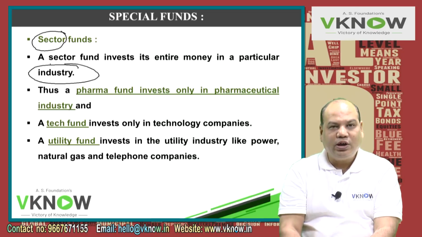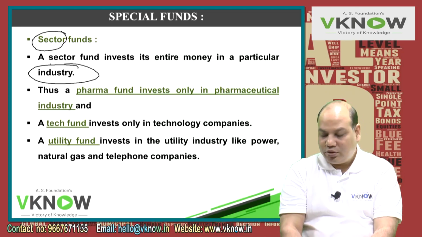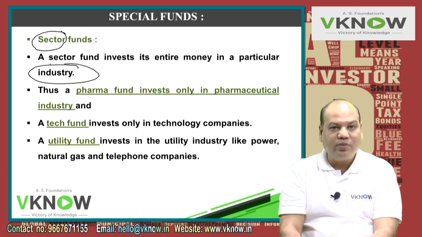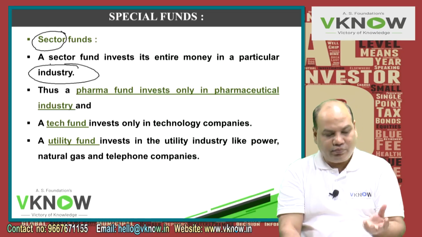That means they will not diversify into multiple sectors. And some of the popular ones are pharma funds, tech funds, utility funds. So what will a pharma fund do? They will invest only in pharmaceutical companies.